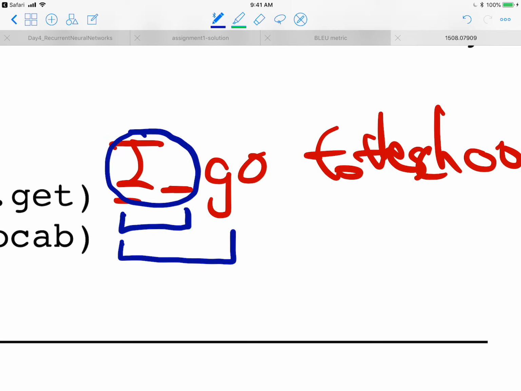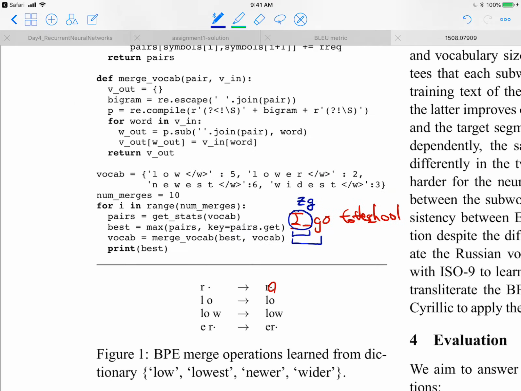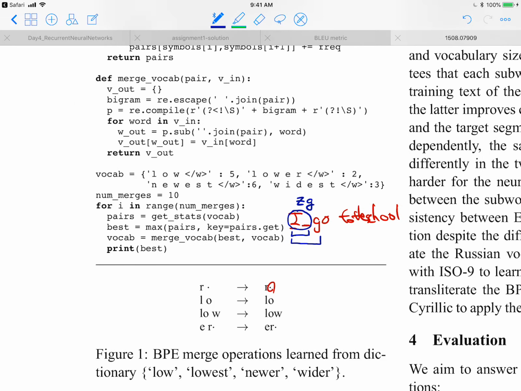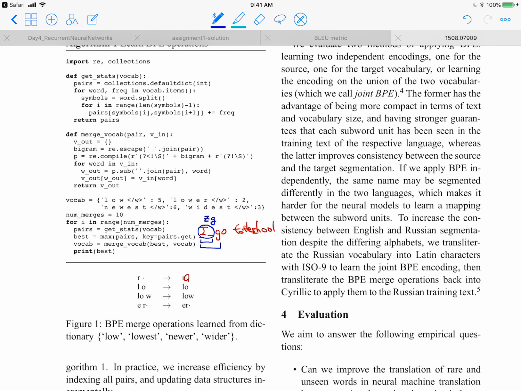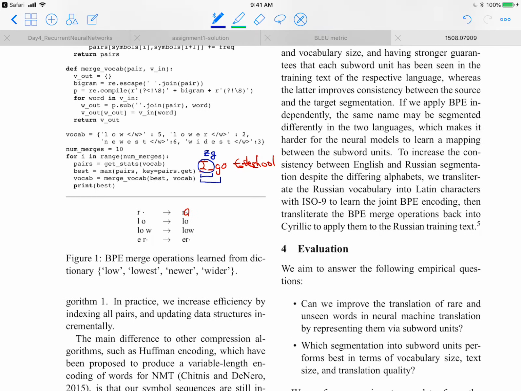Suppose this one is encoded as a large Z, newly registered to our dictionary; then this Z and G is not considered as a candidate to be added to our dictionary. So we don't cross different words when doing this byte pair encoding.